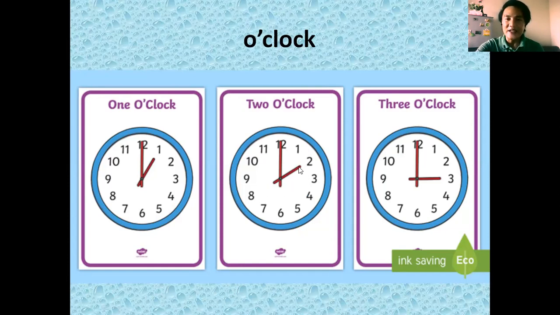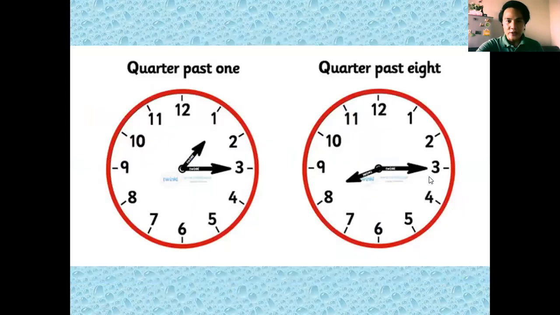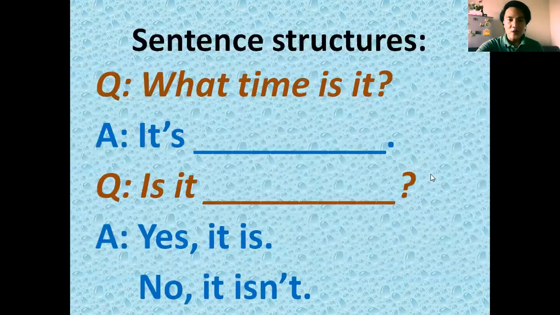Here, is it 2 o'clock? If yes, yes, it is. If the answer is no, no, it isn't. So the question, is it 2 o'clock? No, it isn't. That's how to answer the second question.